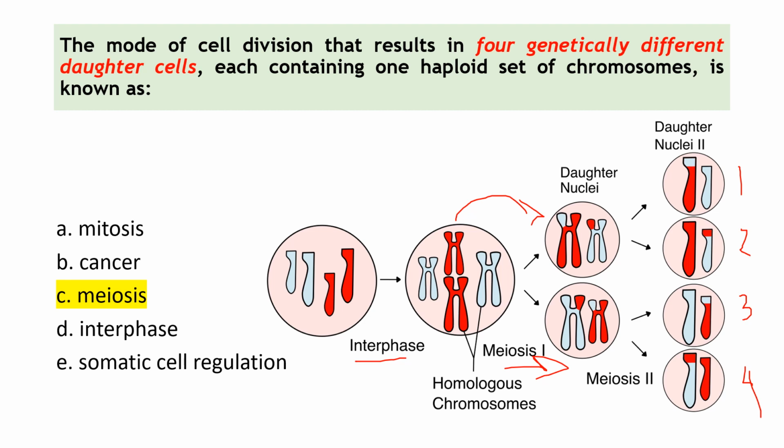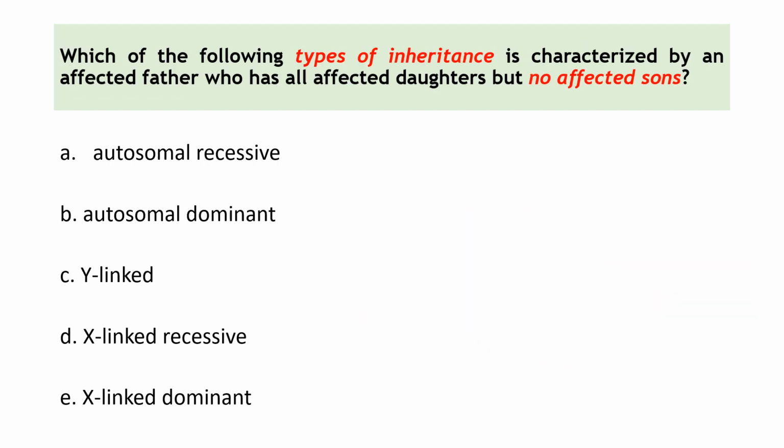So each one of these 4 daughter cells will be slightly different. And they have half of the chromosomes, so they have a haploid set of chromosomes, as is shown there. Okay, so pretty easy. Now let's move to the next question.